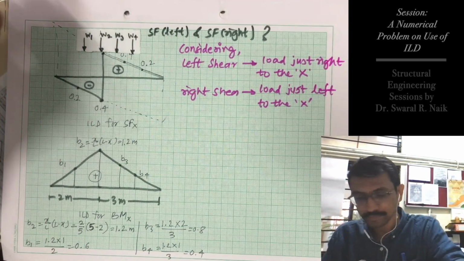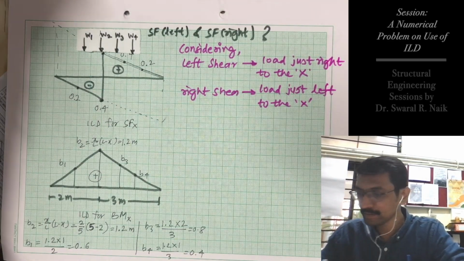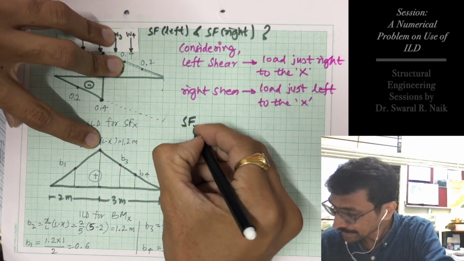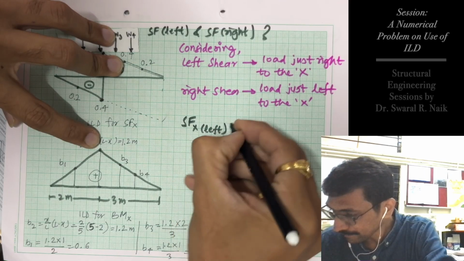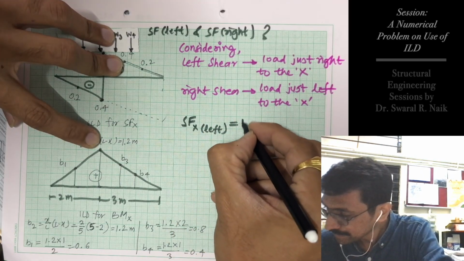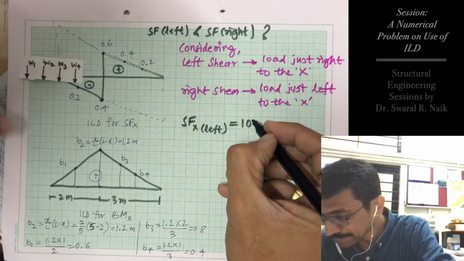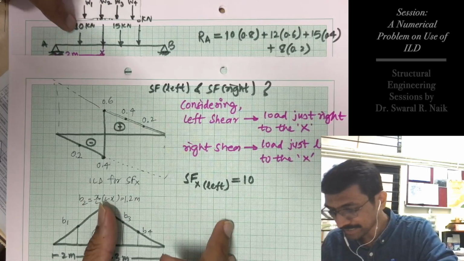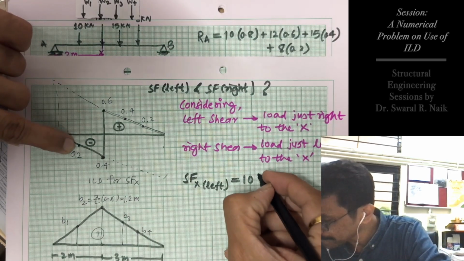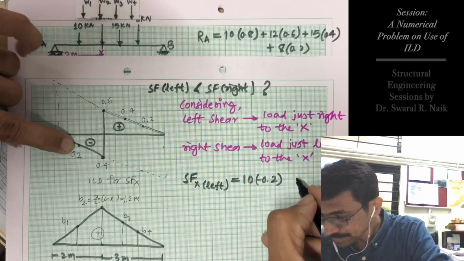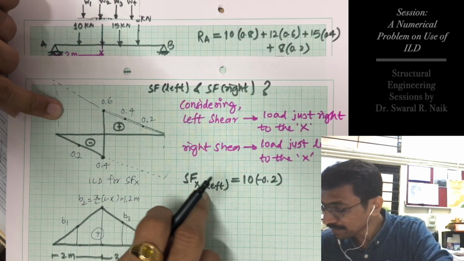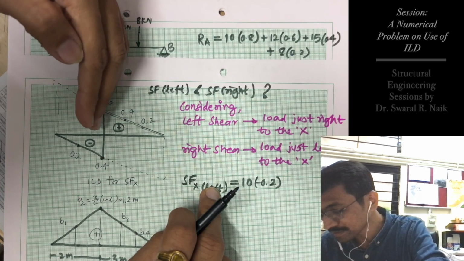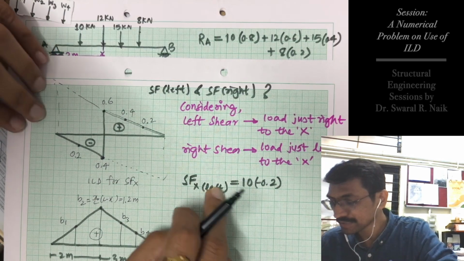So SF X left side will be nothing but 10, which is the load. Okay, so 10 kilonewton into this ordinate, which is minus 2.2. Then when we are calculating SF left, our 12 kilonewton load which is on section is considered just right to the section, right?